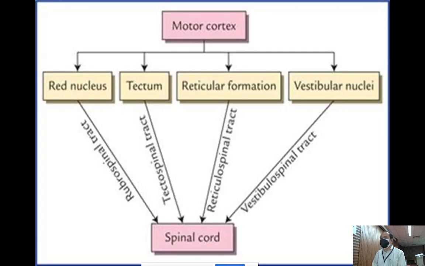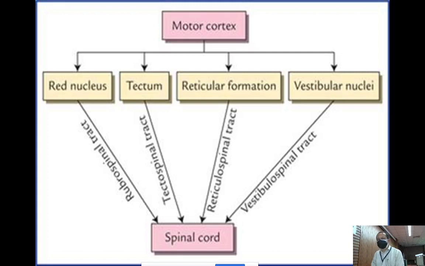Some of these tracts receive strong excitatory impulses coming from the motor cortex, some of them in a major way. But it has been said that these impulses come from the motor cortex even to other extrapyramidal tracts.